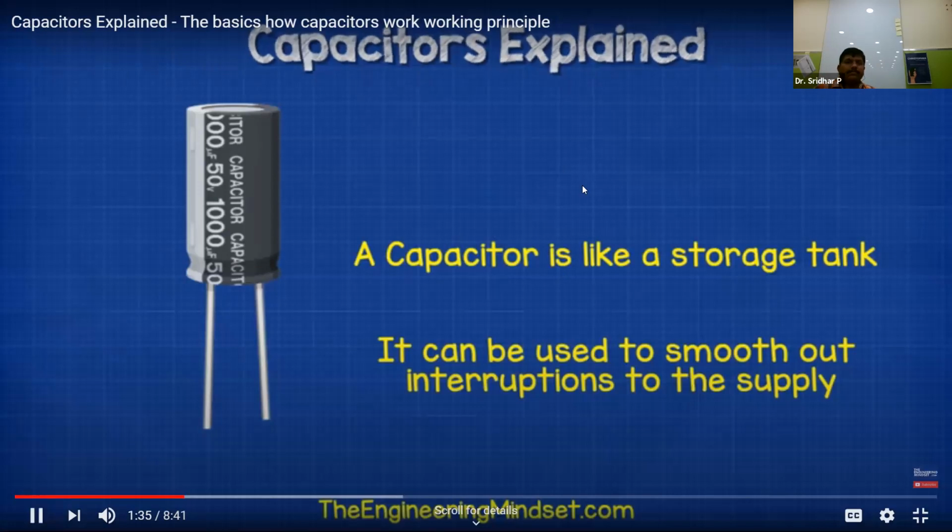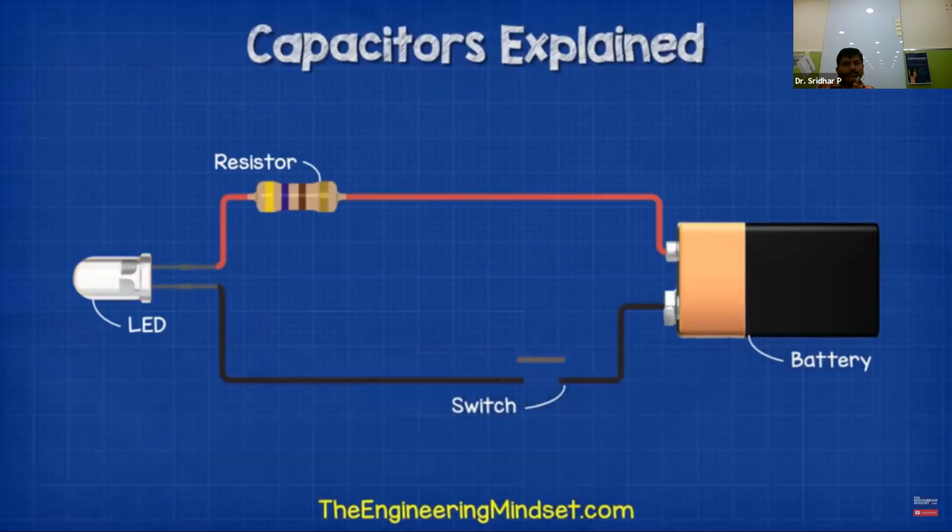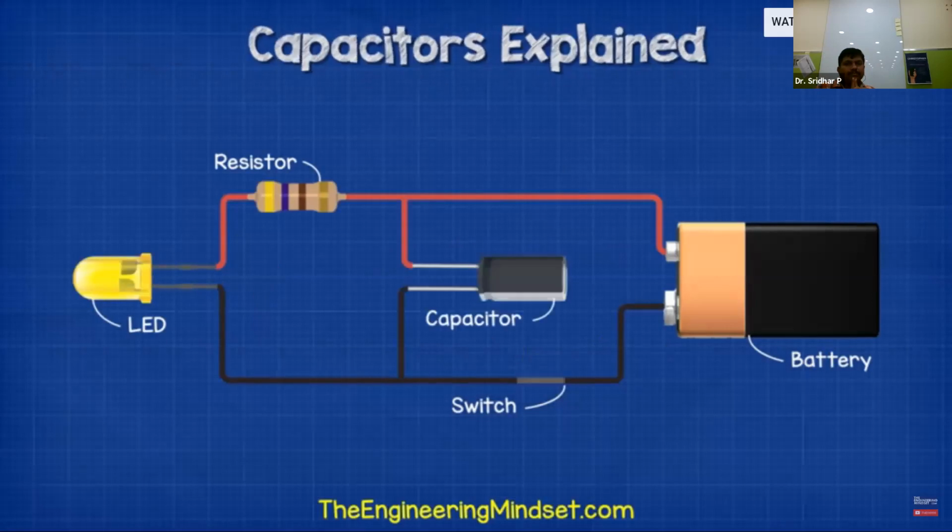Without interruptions to the supply. If we turned a simple circuit on and off very fast without a capacitor, then the light will flash. But if we connect a capacitor into the circuit, then the light will remain on during the interruptions, at least for a short duration, because the capacitor is now discharging and powering the circuit.